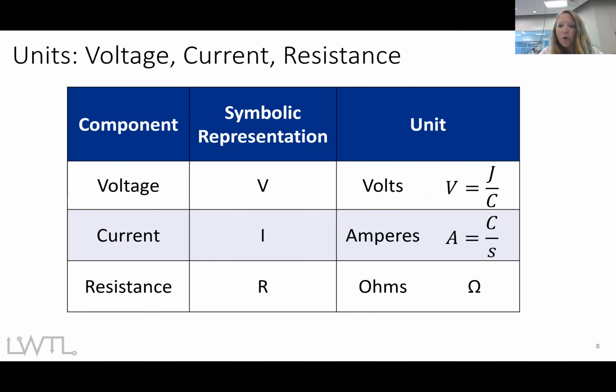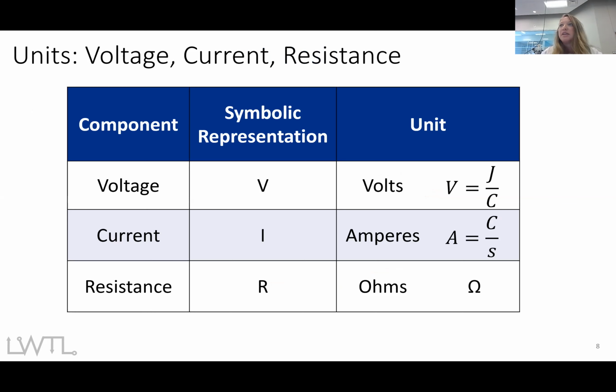Okay, so just to quantify everything that we just did, we have voltage, we have current, and we have resistance. Symbolically, they're represented by V for voltage, I for current, R for resistance. That's when we write it down as an equation. So if we were writing an equation that had those components in there, we would have V, I, and R. Now the units quantify what those values are.